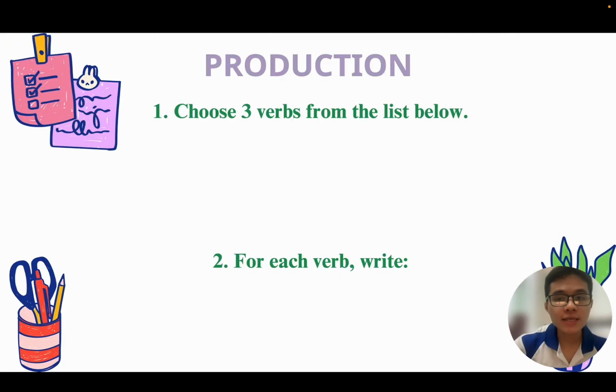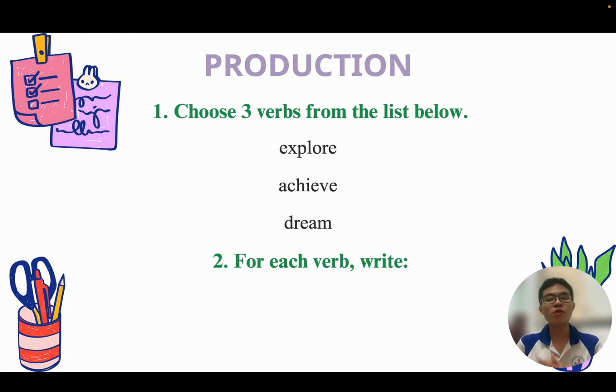Okay, so now let's apply what you have learned in the lesson. Here I have a small exercise for you for our production stage. The first instruction: you are going to choose 3 verbs from the list below.